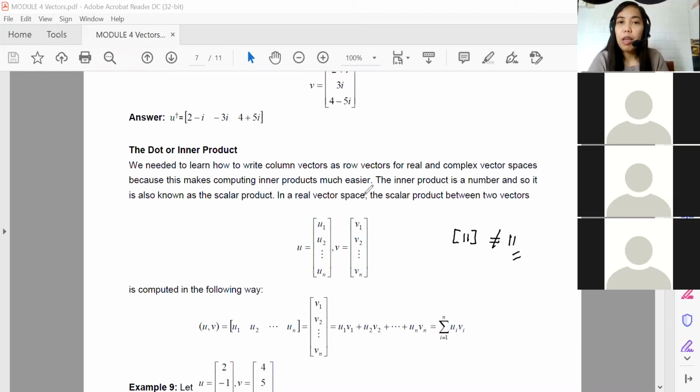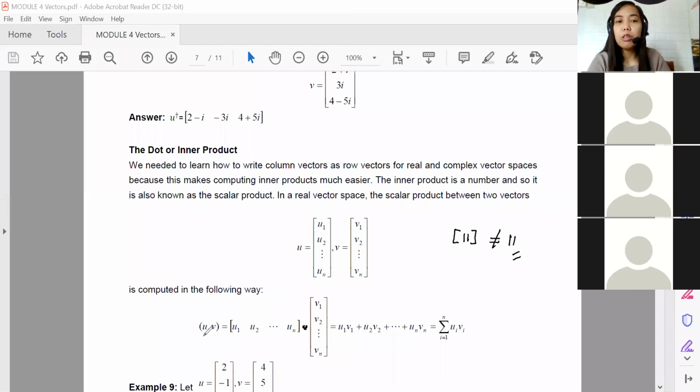In a real vector space, the scalar product between two vectors, given vector u and vector v, when we get their product. Sorry, wala to class ha, kasi we're going to multiply row and column vectors. Given the u and v, how are we going to get their inner product? U transpose your u. So this is column vector, it becomes row vector.